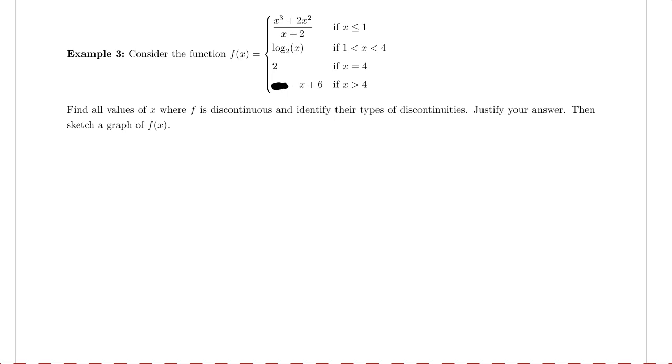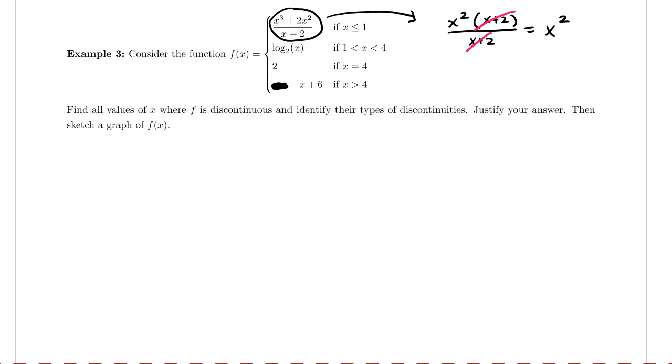So let's start with this rational function here, and I can factor out x squared out of the numerator. If I factor out x squared, I get x squared times x plus 2, and then x plus 2 in the denominator. Now, one thing that we want to be really careful about is I can now cross these out, and this is equal to x squared, but if I just leave it at that, those are technically not equal if we think about them as functions.